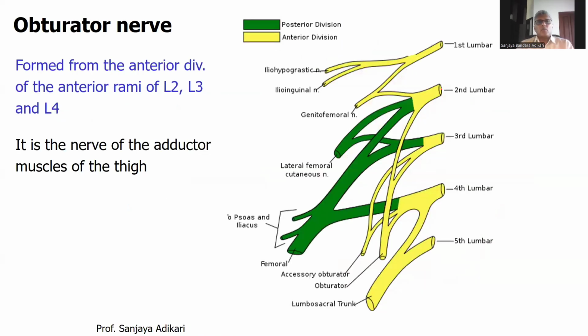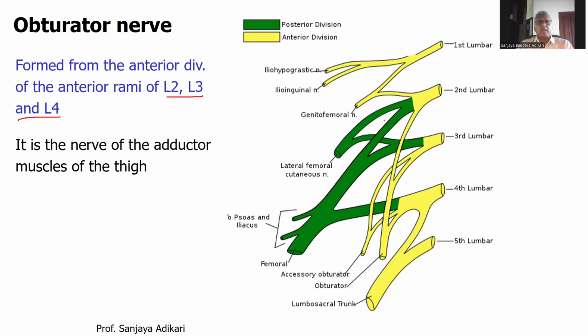Okay, a few more things about the obturator nerve. Now, there's one thing in common about the obturator nerve and femoral nerve. They actually start from the lumbar plexus, and they both carry the same segments, L2, 3, 4. Okay. L2, 3, 4 segments in both nerves.